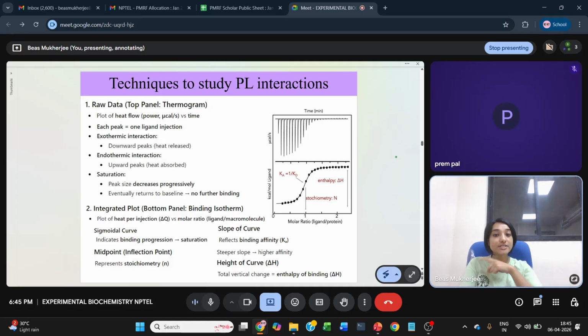A steeper slope means higher affinity. The height of the curve tells you about the delta H, that is the total vertical change is equal to the enthalpy of binding. Okay. Now hopefully you will be able to see all the arrows shown here for your understanding. Ka is equal to 1 by Kd, the association and dissociation constants, and this is the stoichiometry. Okay, so the midpoint is the stoichiometry.